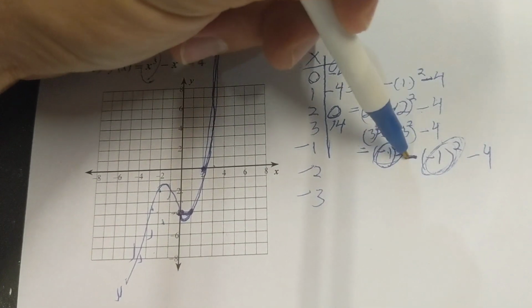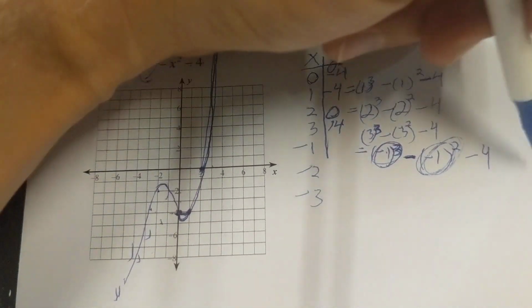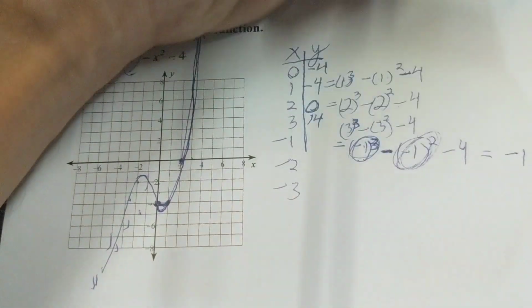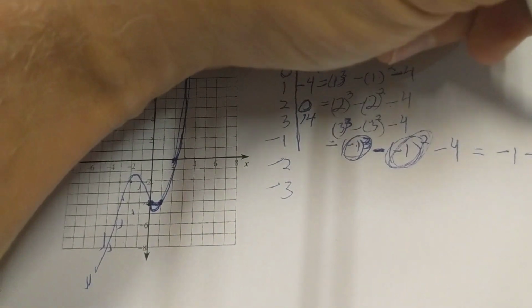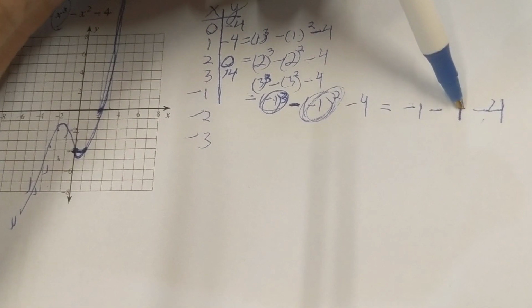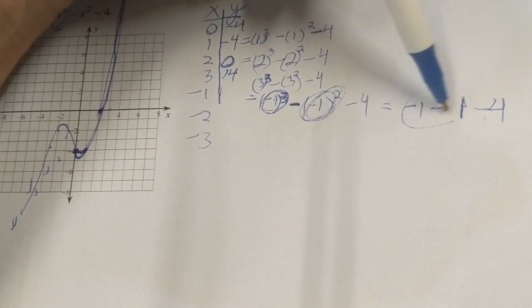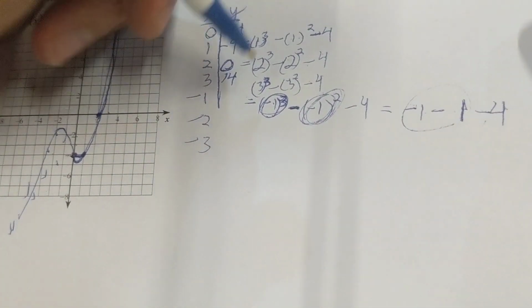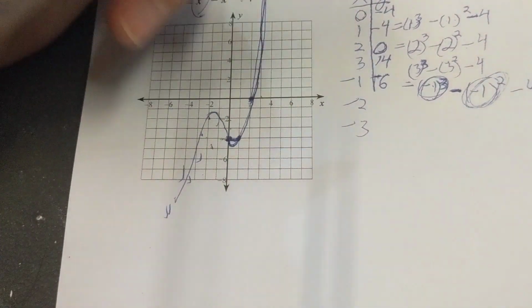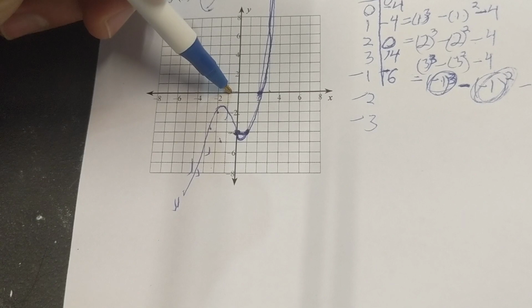So this is negative 1 minus a regular 1, and then minus 4. Negative 1 minus 1 is negative 2, minus 4 is negative 6. So if I put in a negative 1, we got ourselves a negative 6 out of it. Negative 1 puts us down at negative 6.